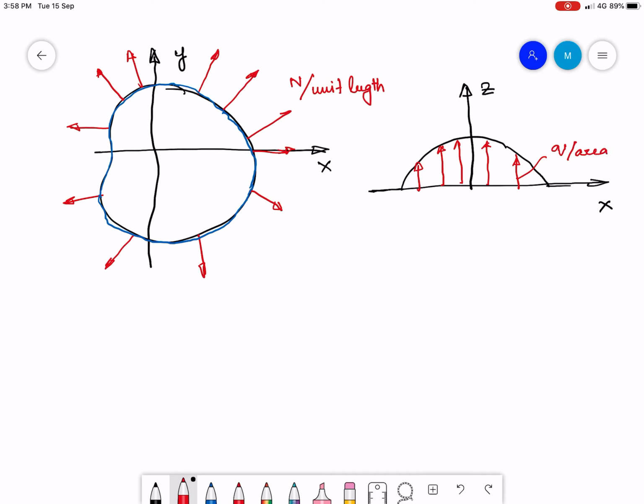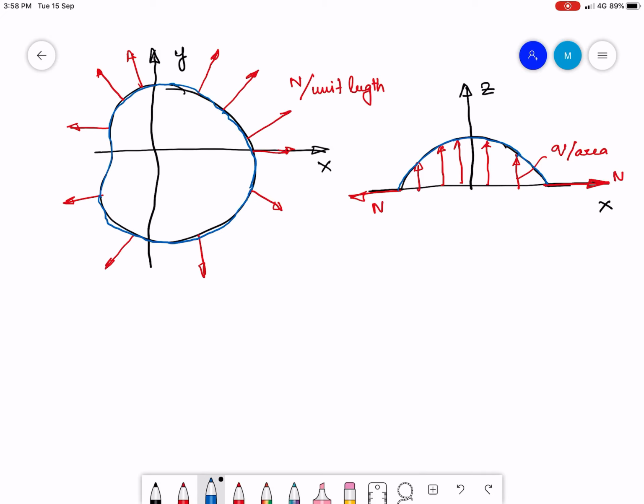Okay. And so likewise here there is N and here there is N. Okay. The force N is also acting, and the uniform pressure of Q per unit area is acting on the membrane. So, this shows the deformed shape of the membrane because of the applied uniform pressure.